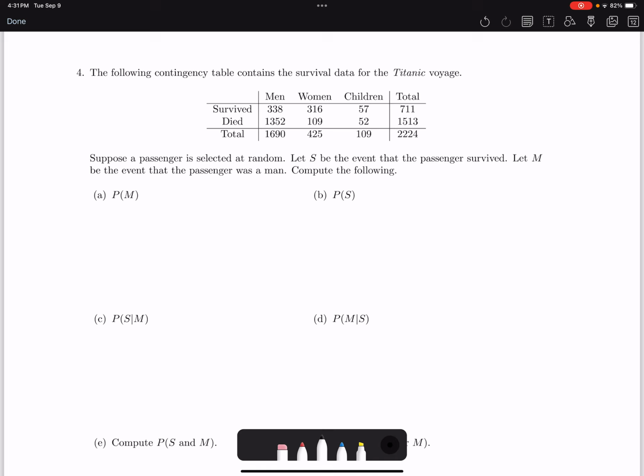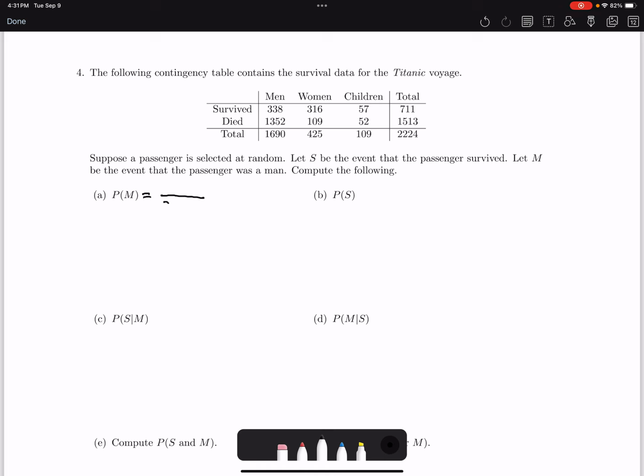It says, suppose a passenger is selected at random. Let S be the event that the passenger survived, and let M be the event that the passenger was a man. Compute the following. So in part A, we want the probability the passenger was a man. Well, the probability the passenger was a man would be the total number of men on the ship divided by the total number of people on the ship.